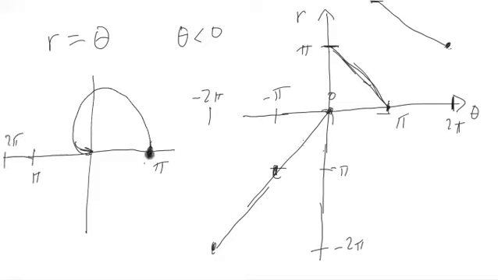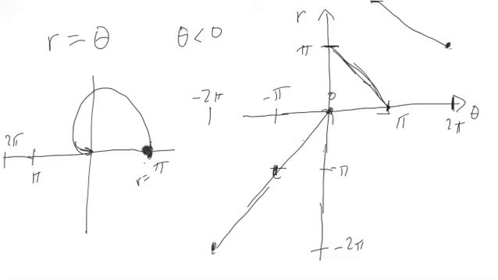So this is 2 pi. Even though I've written pi here, this is the r value. But this angle position right here is the 2 pi position. So at the 2 pi position, we're actually at this r value of pi according to this.